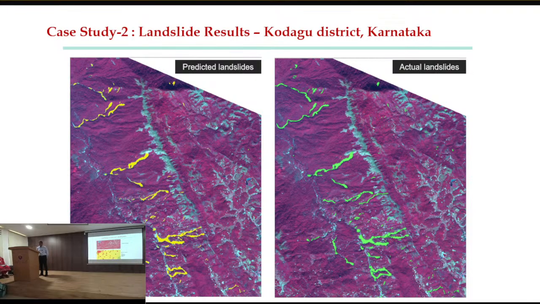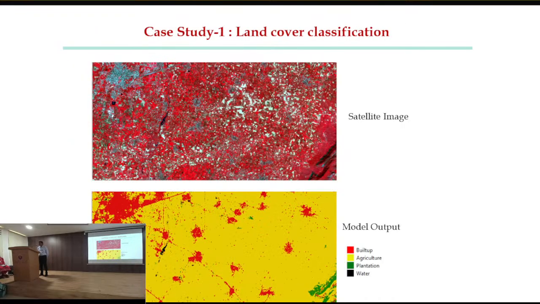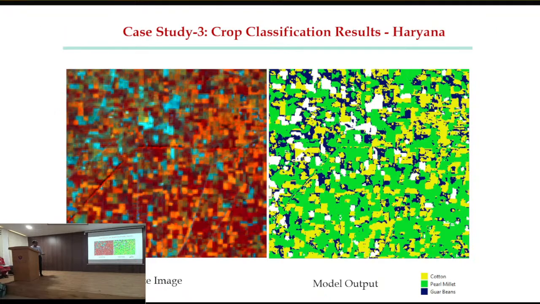But within agriculture you will have different crops. In this case study we took the complete yellow portion as agriculture, but the department needs further refinement, the crop classification. So how many crops are there internally, what is the area of each crop, what is the production, all these things will be estimated from this.